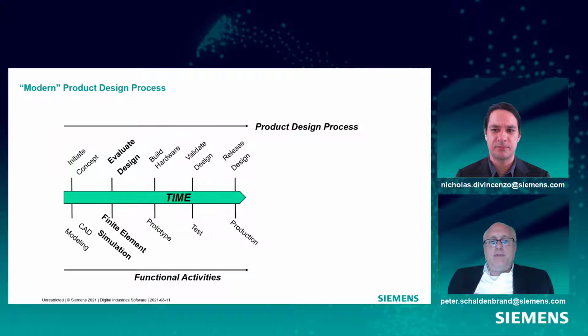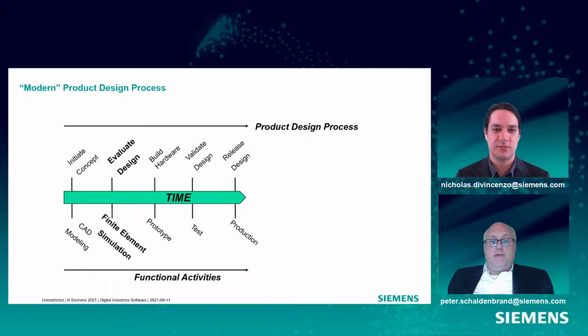Yeah. And the promise of simulation was, hey, let's do a lot of those iterations, or as many as possible, on the computer. And we can modify things pretty easily there, test them out, and have that corrective feedback loop before we build hardware. It could be that there's, in some cases, a few pieces of hardware built, but less than before.